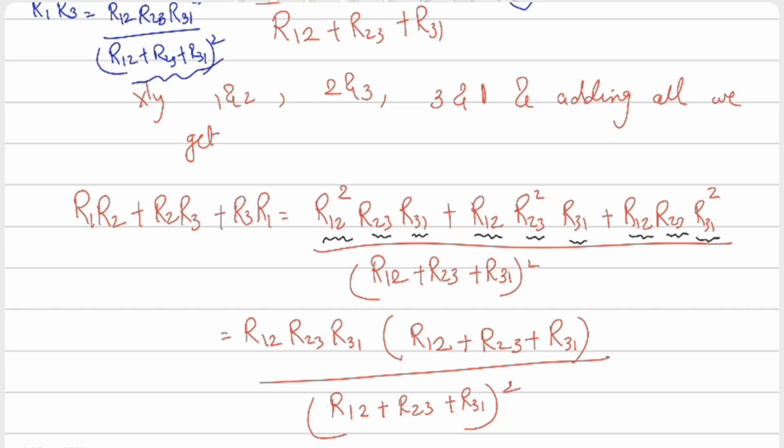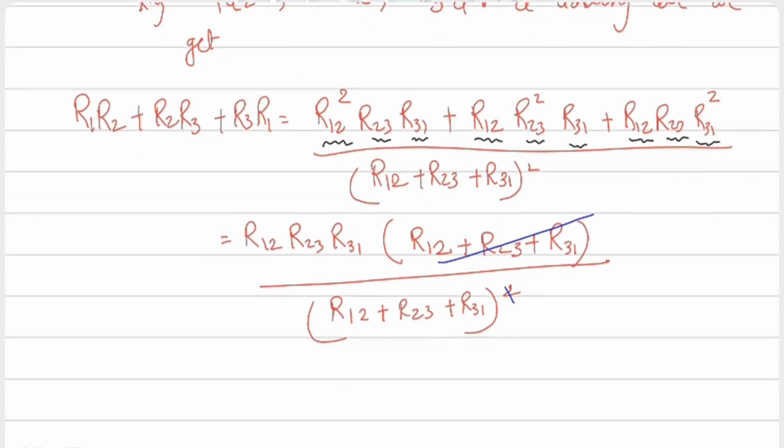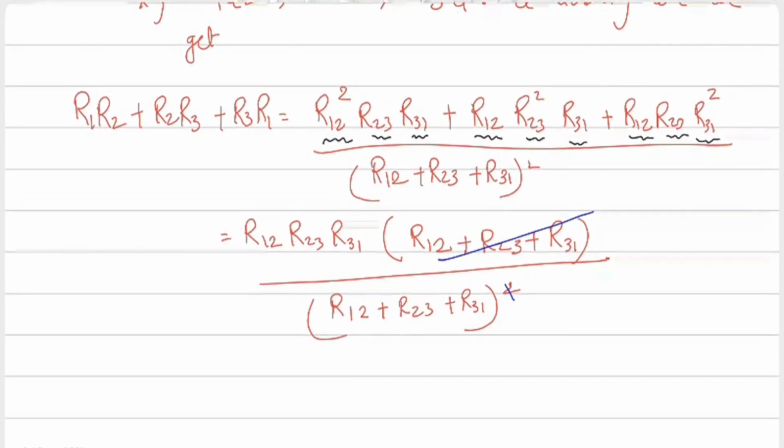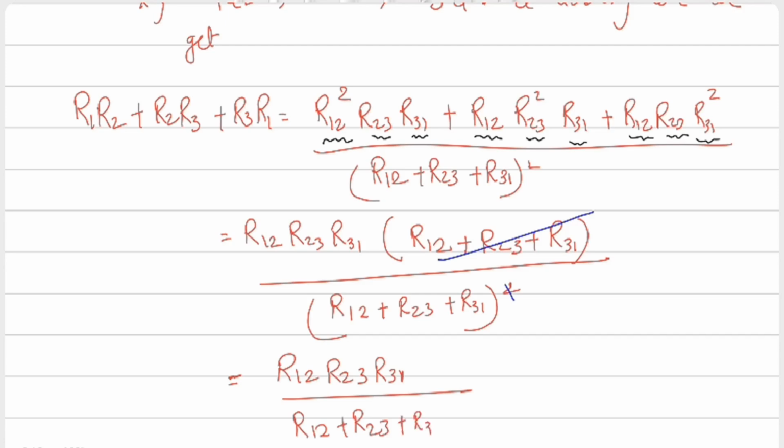So this and this term will get cancelled out. We are left with R12 R23 R31 the whole divided by R12 plus R23 plus R31. Okay. Till here anybody stuck? Please let me know.